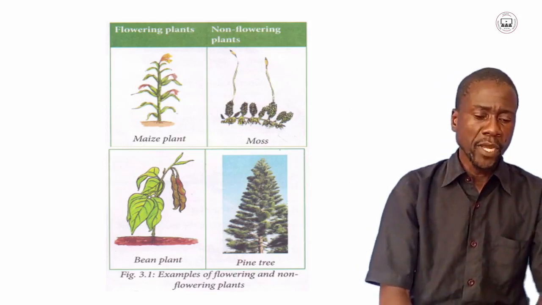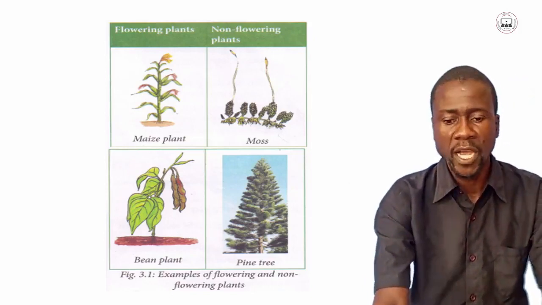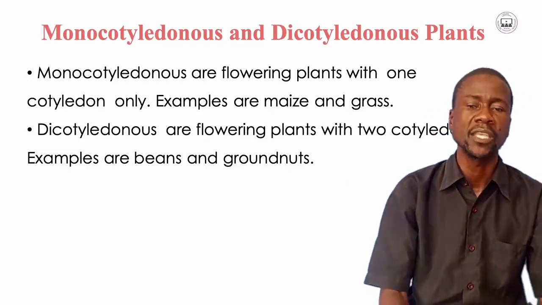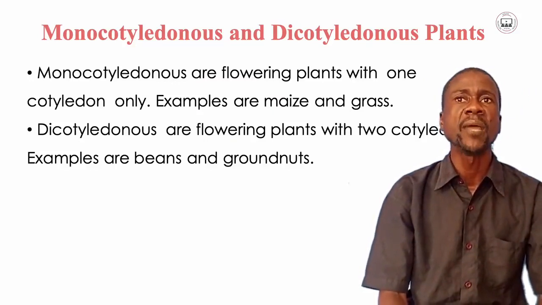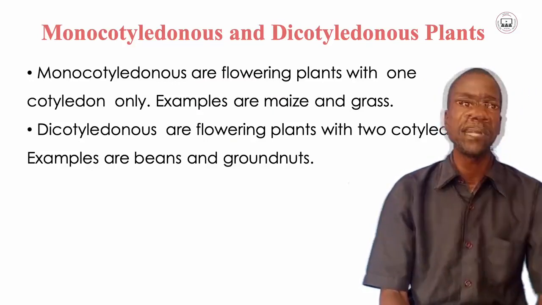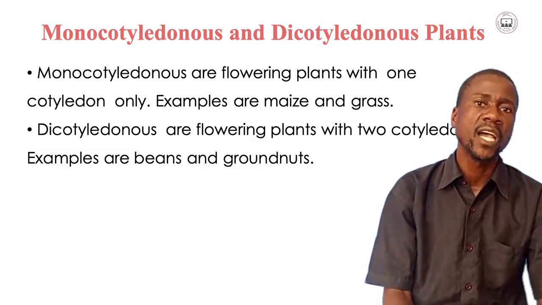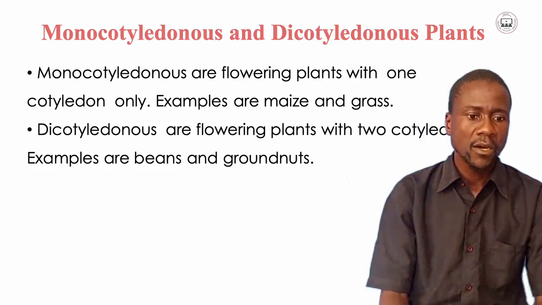Now, we have to continue with the flowering plants, where we look at the monocotyledonous and the dicotyledonous plants. So, these flowering plants are many. Some are further categorized into monocots, and some are categorized into dicots. All right.